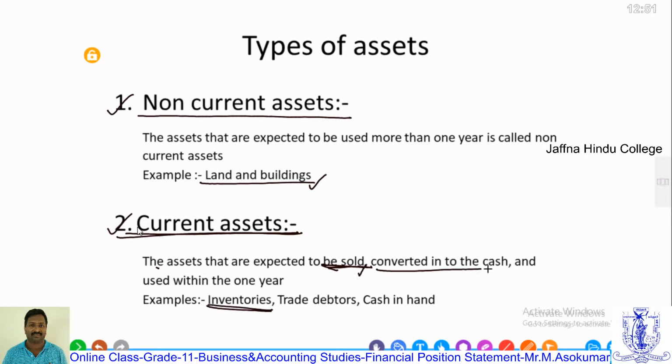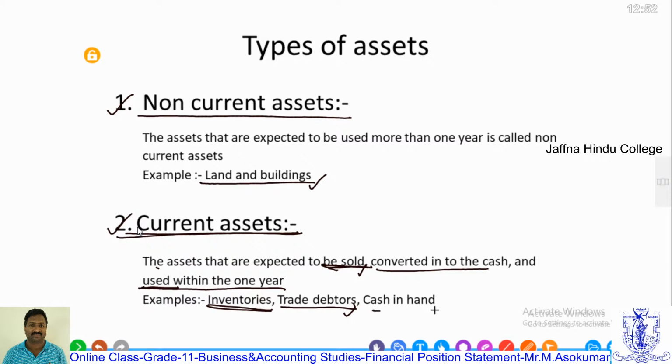Converted into cash. Example, trade debtors. Trade debtors is one of the current assets because the business expects customers to settle their debts within a short period of time. Then, used within 1 year.